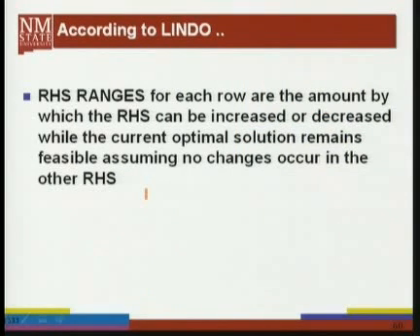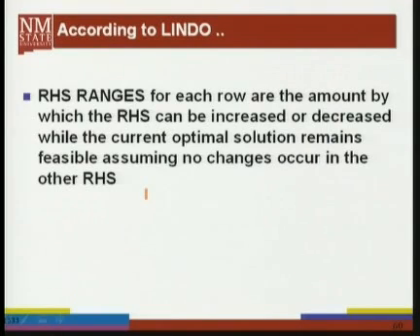And in Lindo output, the allowable increase in the right-hand side ranges for each row is the amount by which the right-hand side can be increased without causing any changes in the binding constraints. Or within these ranges, the current optimal solution remains feasible. Of course, assuming no changes occur in the other right-hand side values.